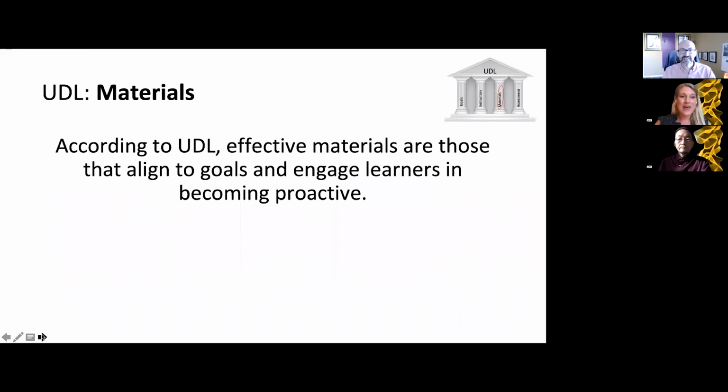The next pillar of universal design for learning is the materials. When choosing instructional materials or designing day-to-day activities, ask yourself, do the materials and activities exclude any particular group of learners? So is there someone in your class who may not be able to participate because of their particular needs?